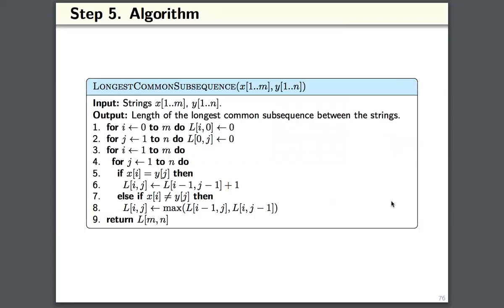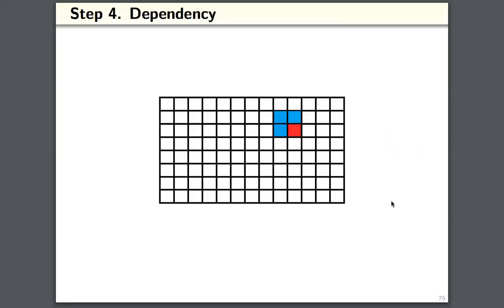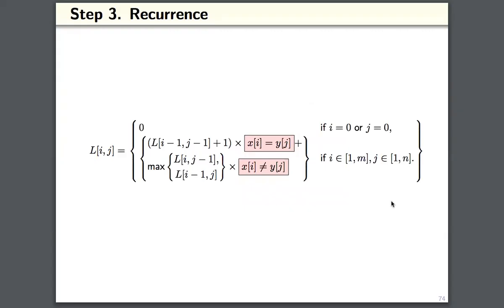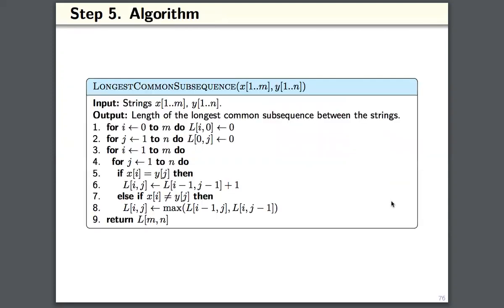Okay, so here is the pseudocode. Once you have the recurrence, you can convert it into pseudocode very easily. Here it says if i is equal to 0 or j is equal to 0, then the length is 0. All cells in the 0th column are initialized to 0, and all cells in the 0th row are initialized to 0. Then you have two for loops, i from 1 to m, j from 1 to n.